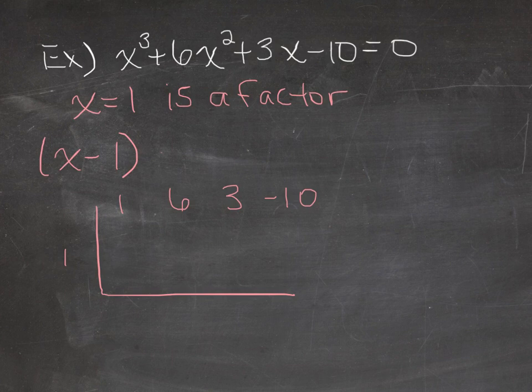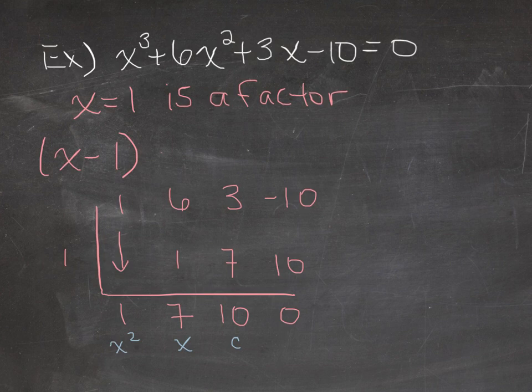And then remember with synthetic division, I just start by bringing down this number here, and then I multiply. So 1 times 1 is 1, so that goes here, and then I add these numbers together. So 6 plus 1 is 7. Then I get 1 times 7 is 7, 3 plus 7 is 10, 1 times 10 is 10, negative 10 plus 10 is 0. And then these will be the coefficients of my x squared, my x, and my constant.